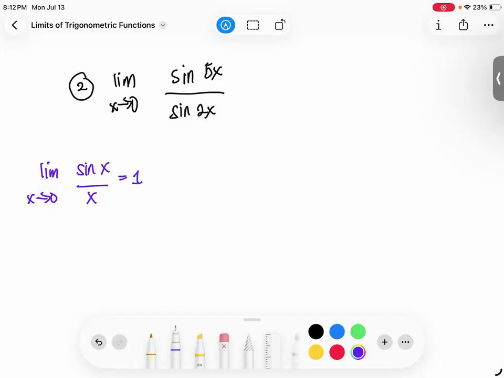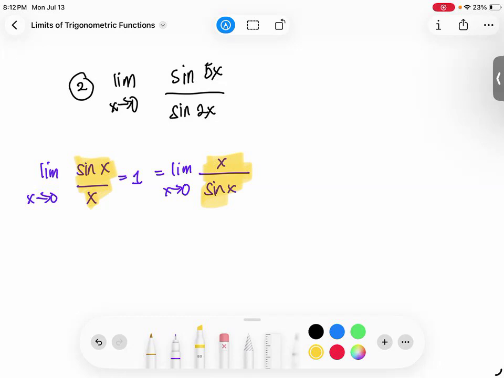So is the limit of x over sine of x as x approaches 0 equal to 1 as well. And this comes from the fact that the reciprocal of 1 is just 1. So even if you have the limit of the reciprocal of this, it's going to yield the same answer, 1.